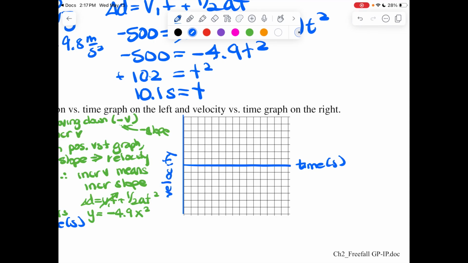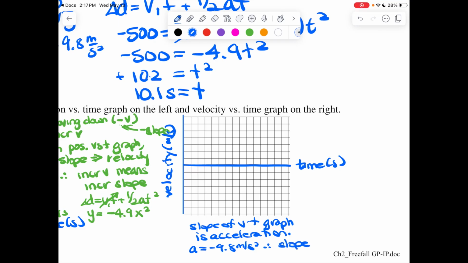It's going to be y equals negative 9.8 x, because your initial velocity is 0. Yeah, I forgot to write that here. It's going to be the same thing because the acceleration is a constant, so it can't change.